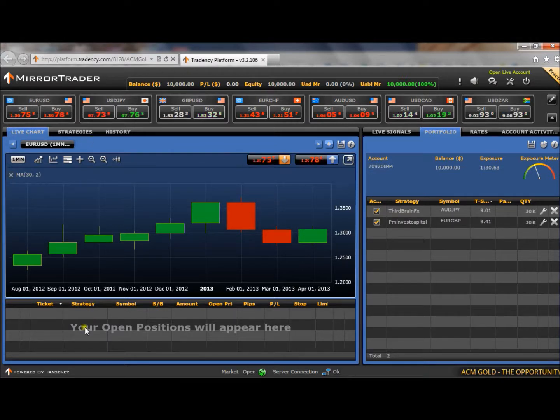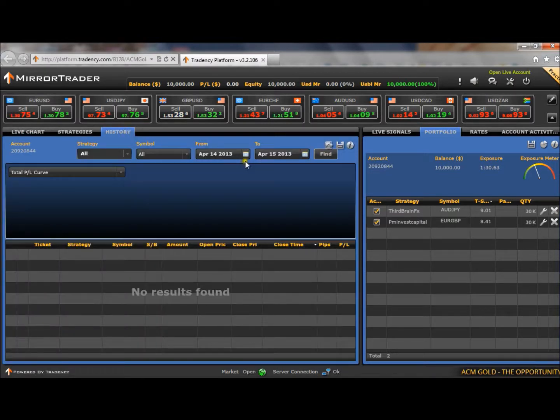If you want to see your closed trades, you just click on history, and you can set the dates that you would like to check. So let's say from 1 April till 15 April. Fine, there are no trades at the moment, but once you have closed trades, it will show your trades here. Alright.